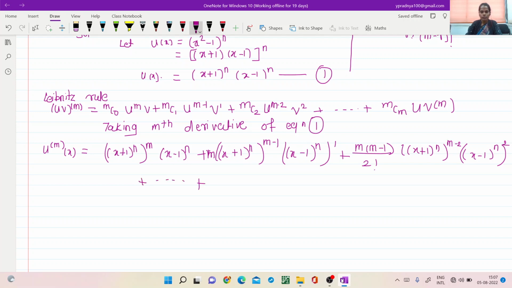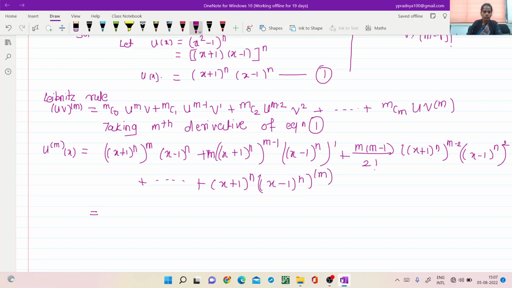The last term, mCm, the value is 1, and (x plus 1) raised to n as it is into the mth derivative of (x minus 1) raised to n.